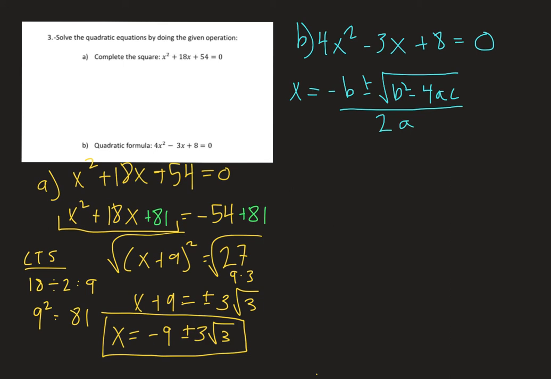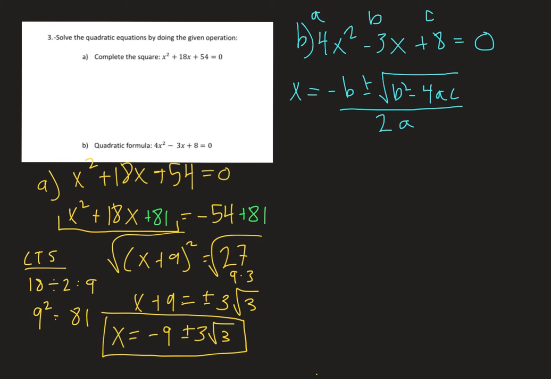So we're going to make sure we know what a, b, and c are. A is the value on x squared. B is the coefficient on the x, including its sign. And c is the individual constant.